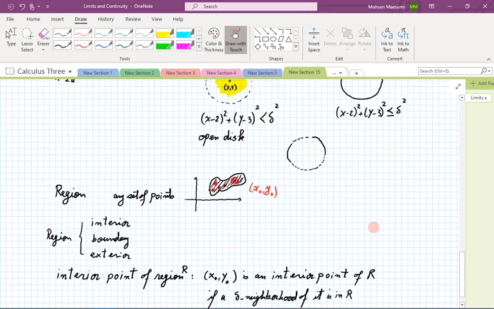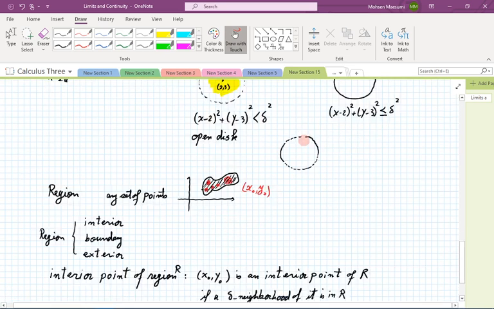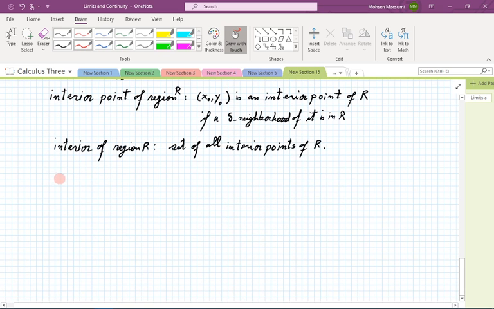Okay, next topic up is, you remember in Calculus 1 you had the concept of an open interval and a closed interval. And then we had the open disk and closed disk and so on. How are we going to define an open region? What's an open region?